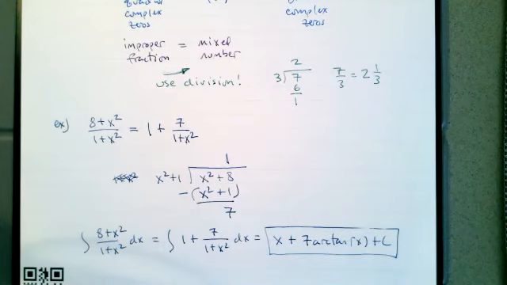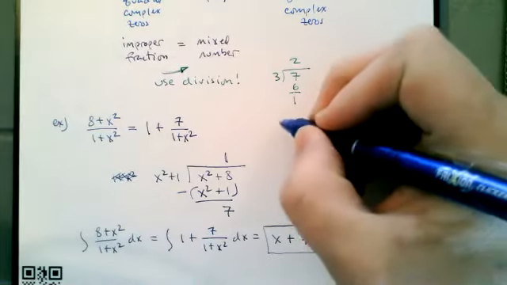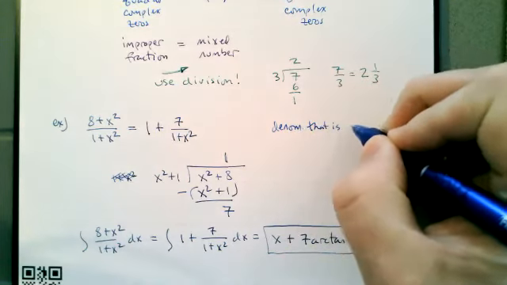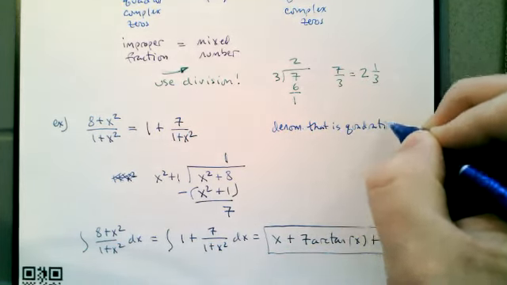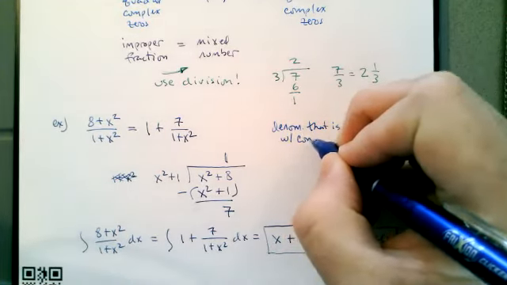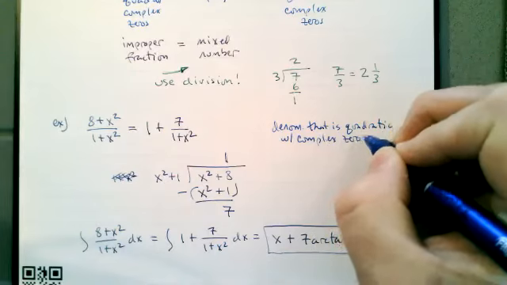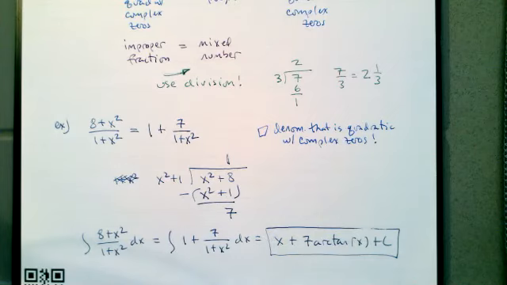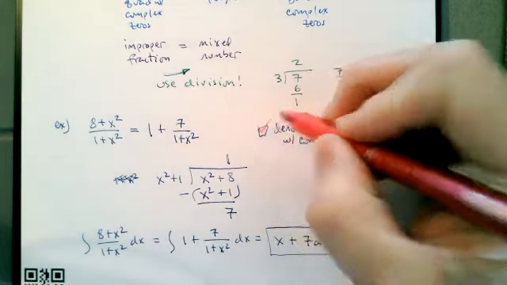We're trying to integrate all these rational functions. And we're starting off by dealing with a denominator that is quadratic with complex zeros. We can now deal with a denominator that is quadratic with complex zeros. All we have to do now is practice.